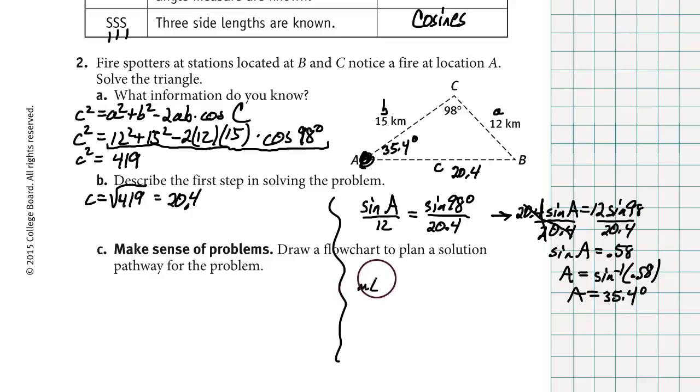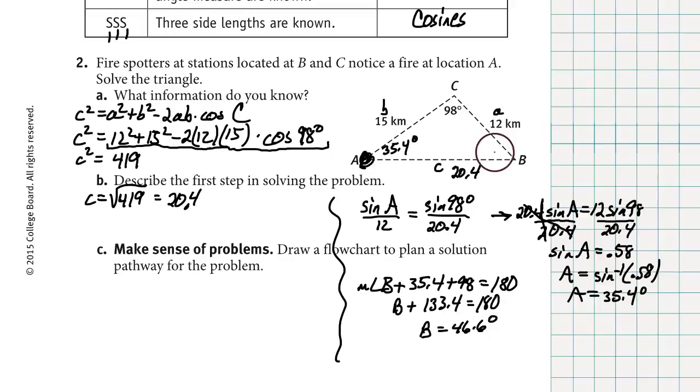So to find angle B, we could add it to the 35.4 and the 98 and get 180. 35.4 plus 98 is 133.4. Then subtract the 133.4 from both sides to get B alone.